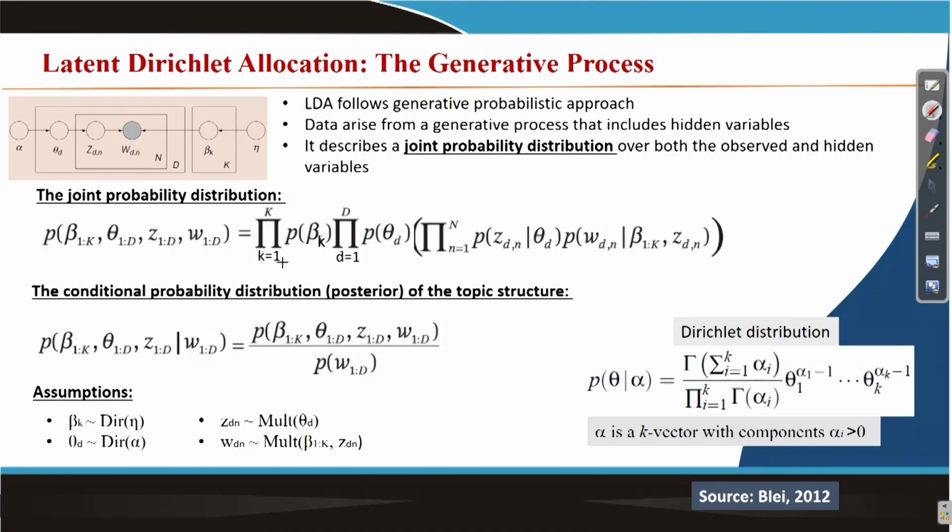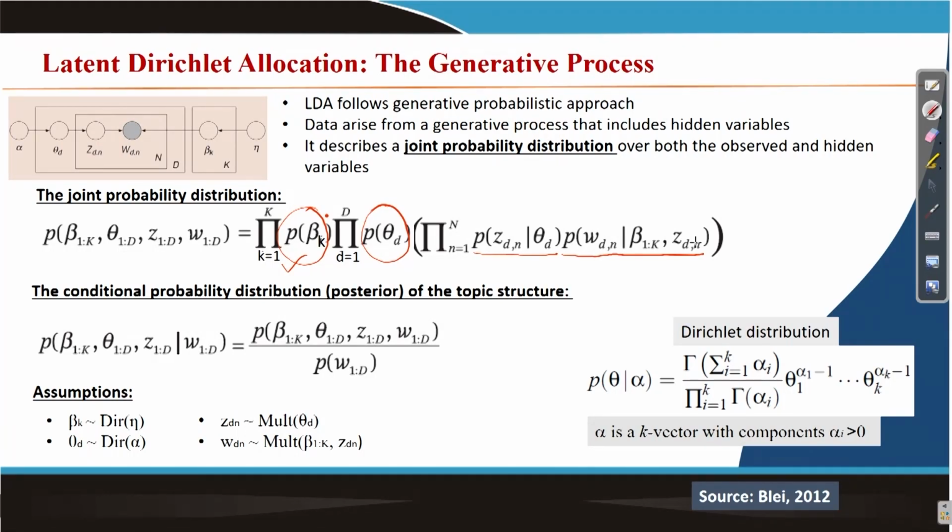This one is the probability of beta K, and as there are k number of topics, the multiplication of this, then probability of theta D, and then the probability of ZDN given theta D, and the probability of WDN given beta and Z. You can see now how it is happening.